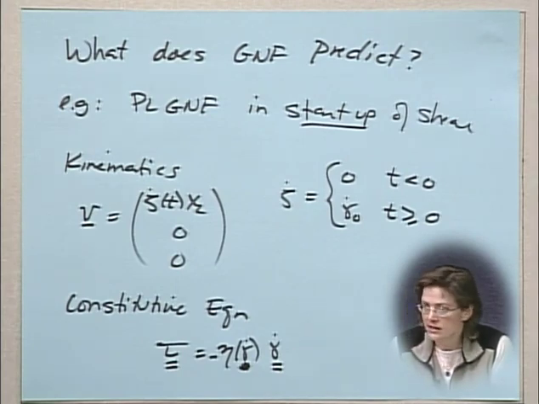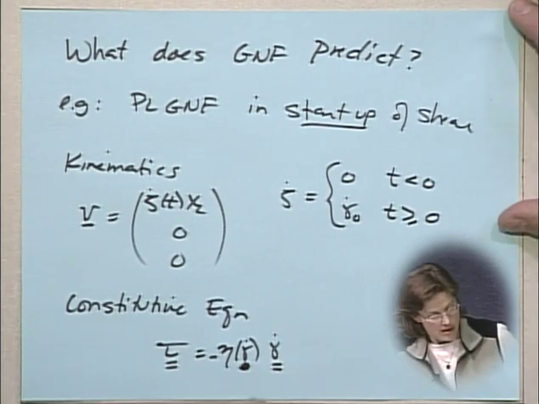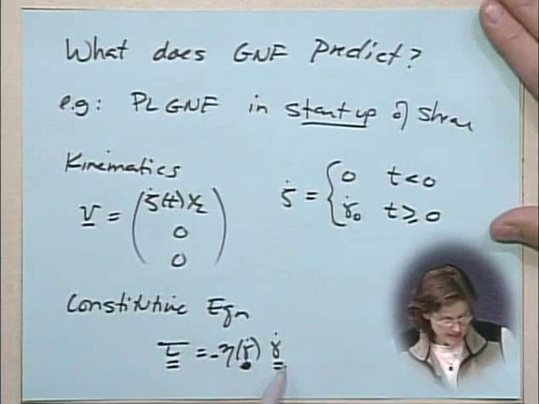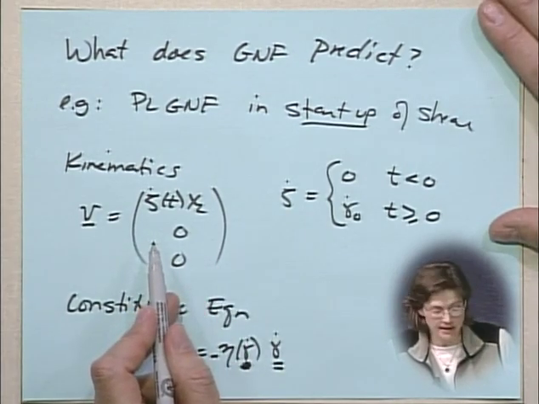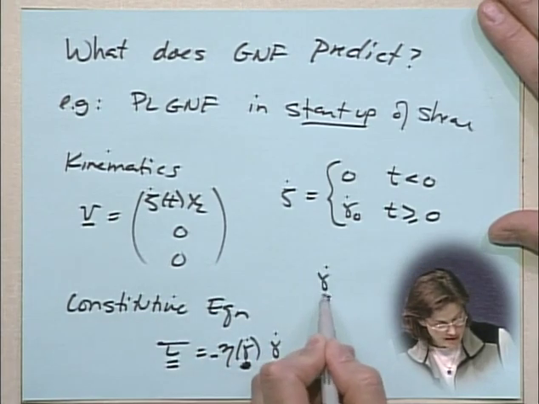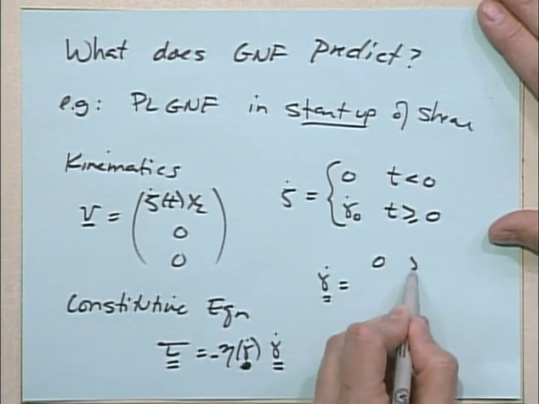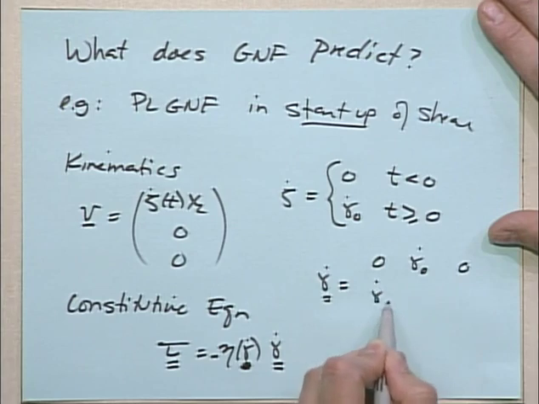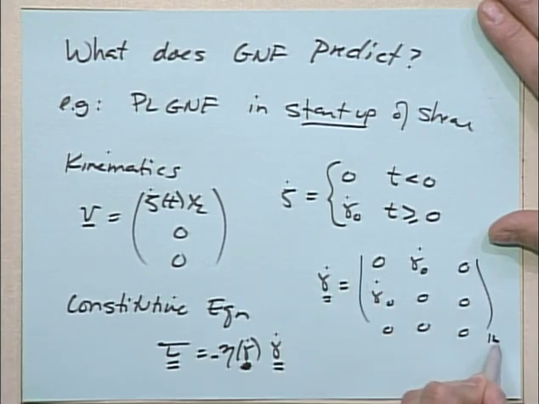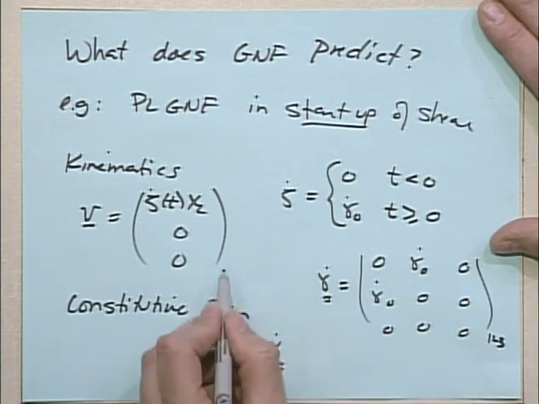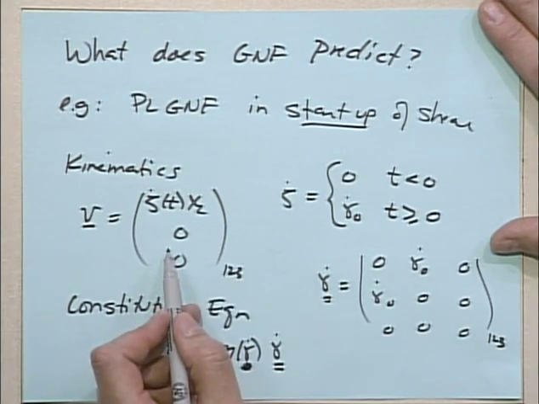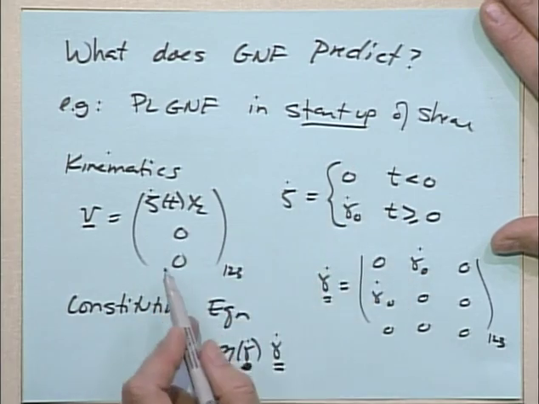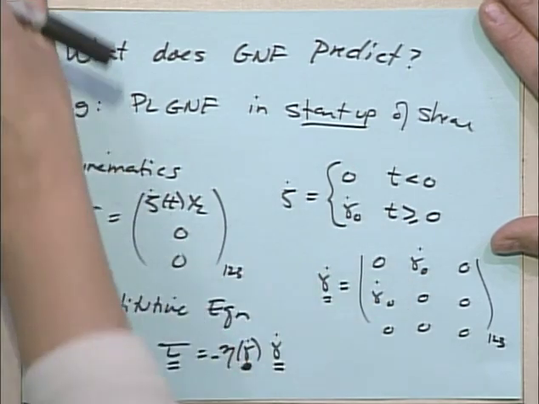Now I'm going to do this a little quickly. But remember that gamma dot is the same for this flow no matter what constitutive equation. We've calculated that before. Gamma dot is equal to 0, gamma dot 0, gamma dot 0 0, the rest zeros. This gamma dot function just depends on the velocity field, del V plus del V transpose, and in startup of steady shear this is always the velocity field.